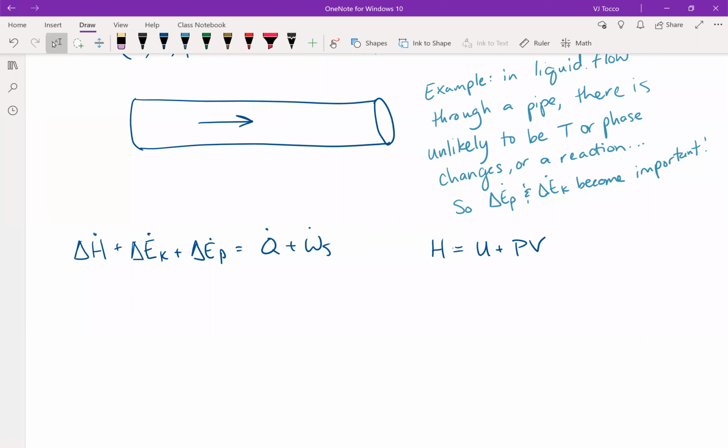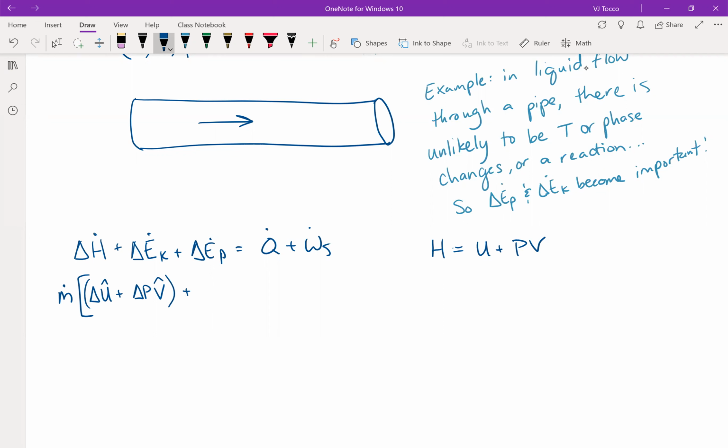So I can rewrite this because kinetic energy, potential energy, and enthalpy are all going to have a mass flow rate in them. I can pull out a mass flow rate. So if I factor out the mass flow rate from this, all my extensive variables are going to become intensive. So my delta H would become delta U hat plus delta P V hat, put that in parentheses.